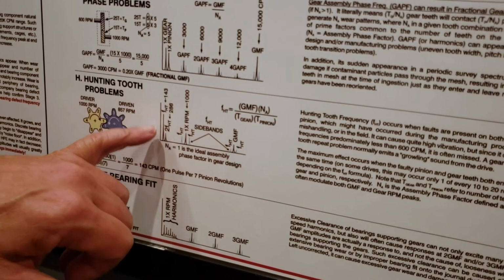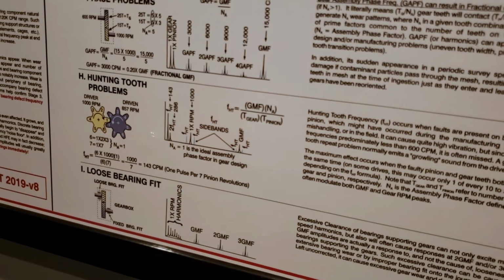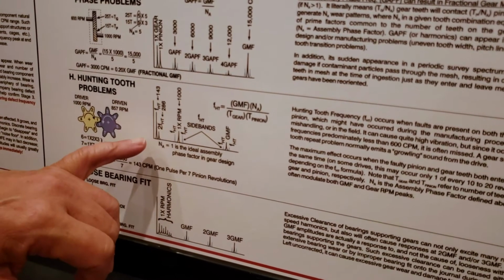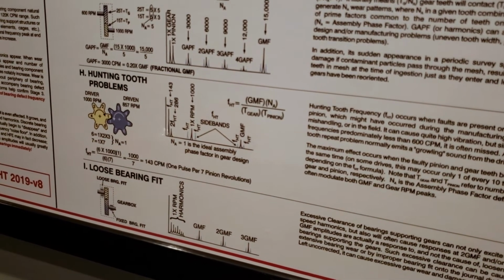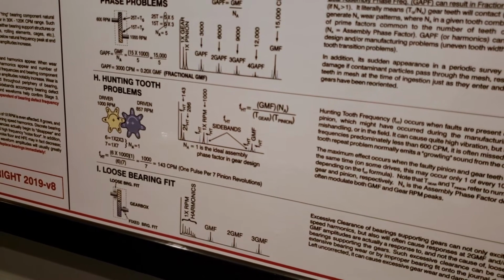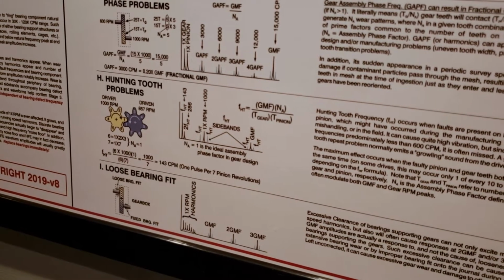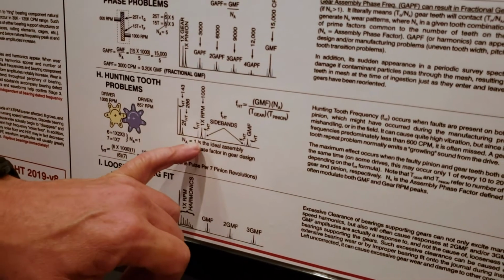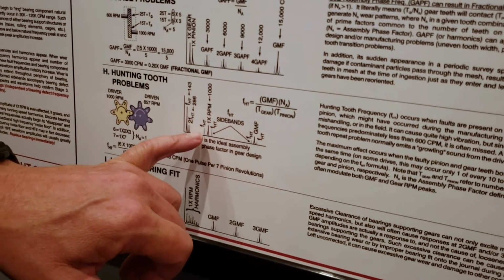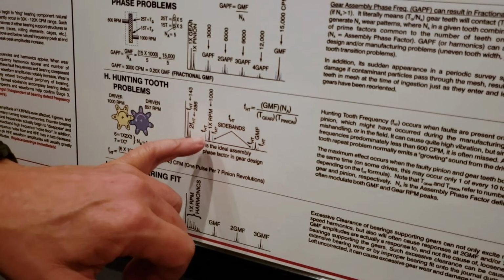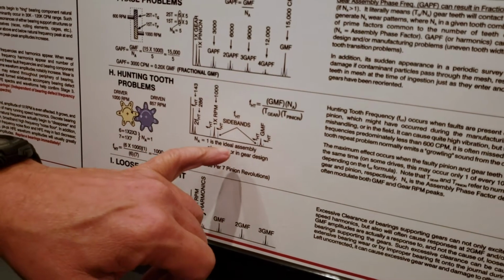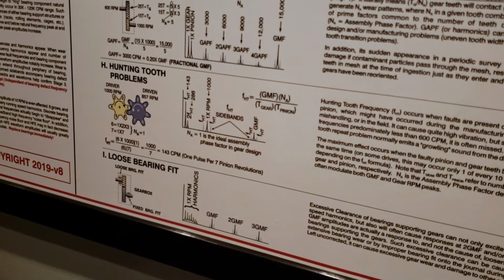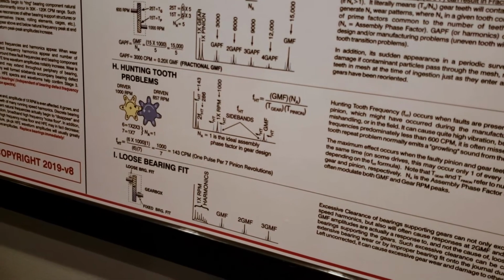It usually shows up with a pretty sizable amplitude, and in some cases you might see one or two harmonics of the hunting tooth frequency. What is characteristic of this problem is the side banding that shows up around the running speeds of the gear and the pinion, and also sidebands around gear mesh frequency and harmonics of the gear mesh frequency.